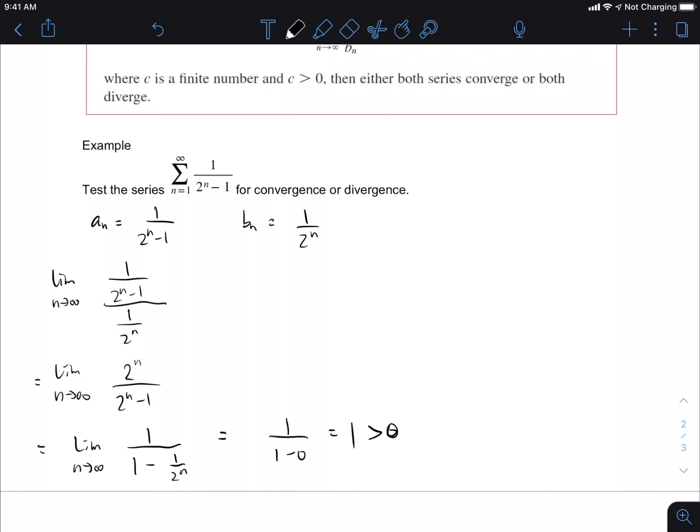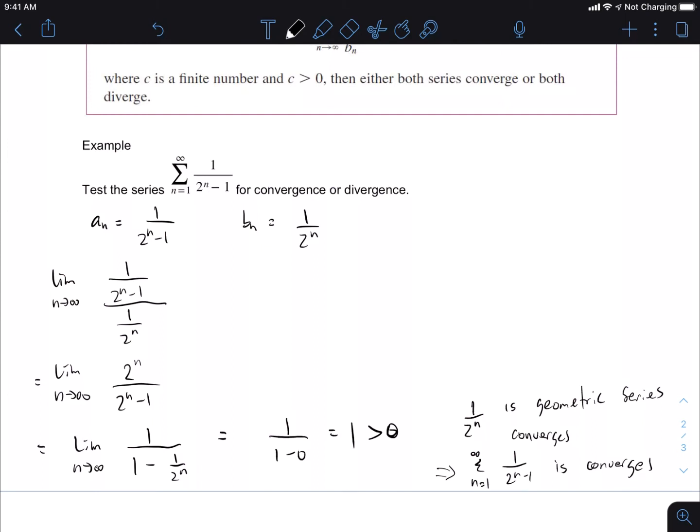And the thing that we do know already is that 1 over 2 to the n is a geometric series. And since it's a geometric series, we know that it converges, right? And since it converges, that implies that the series that we are comparing also converges.